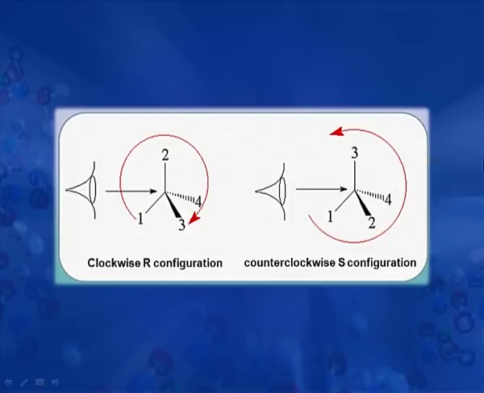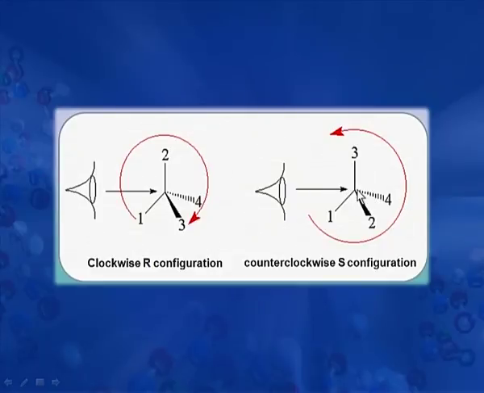Say this is a molecule where this is the group getting the fourth priority, this is the group with the third priority, and the first and second priority. We have to view into the molecule so that the group of the fourth priority is going away from us. And now what is the sequence for 1, 2, 3? It is clockwise. So this is assigned the R configuration. Look at this side. When we are viewing from the side, the group of the fourth priority is going away from us.